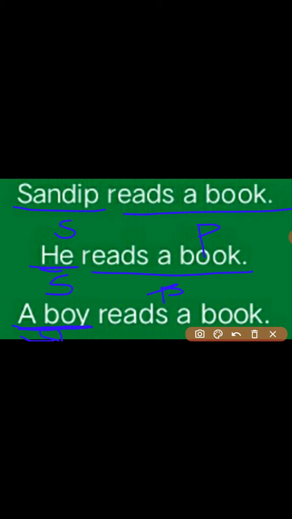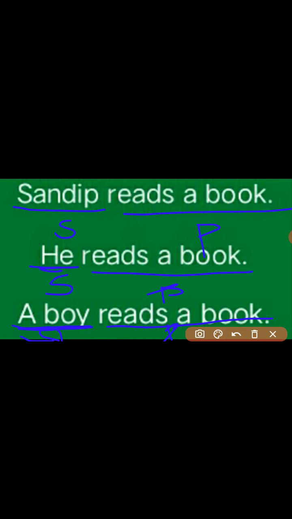What information is provided or what is the action? Reads a book, so it is the predicate over here. So in the first example, the word Sandeep is the noun doing the action and accordingly it is the subject. In the second example, the word he is the pronoun and doing the action in the sentence, so it is the subject.